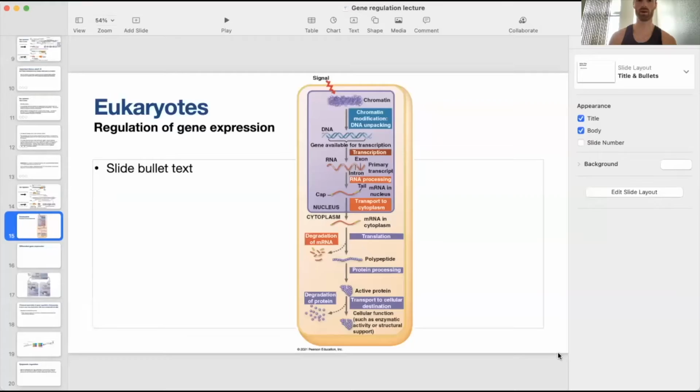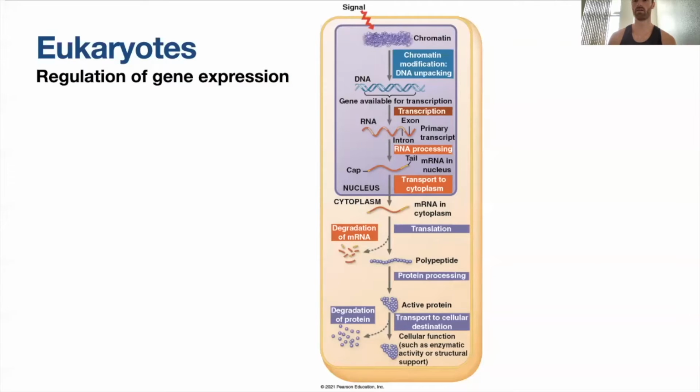So first, let's do a quick review of sorts. Now, don't focus yet. This will be a good picture to come back to later, but I want to take a quick overview of our central dogma of cell molecular biology.